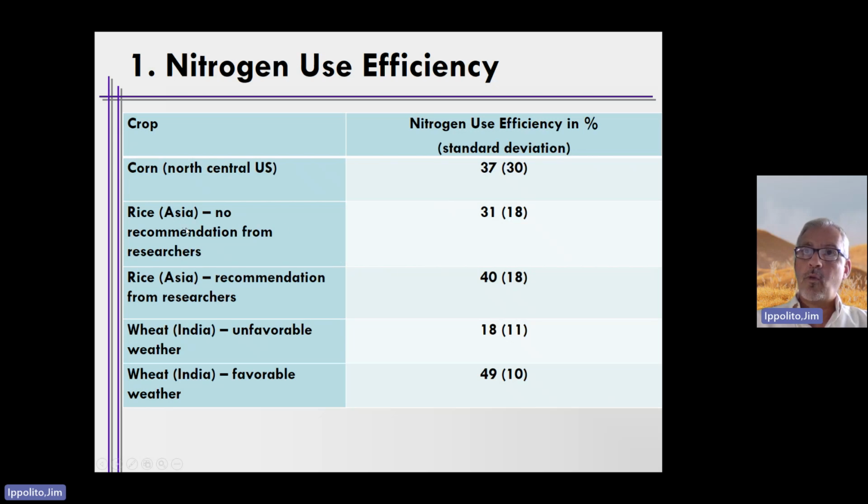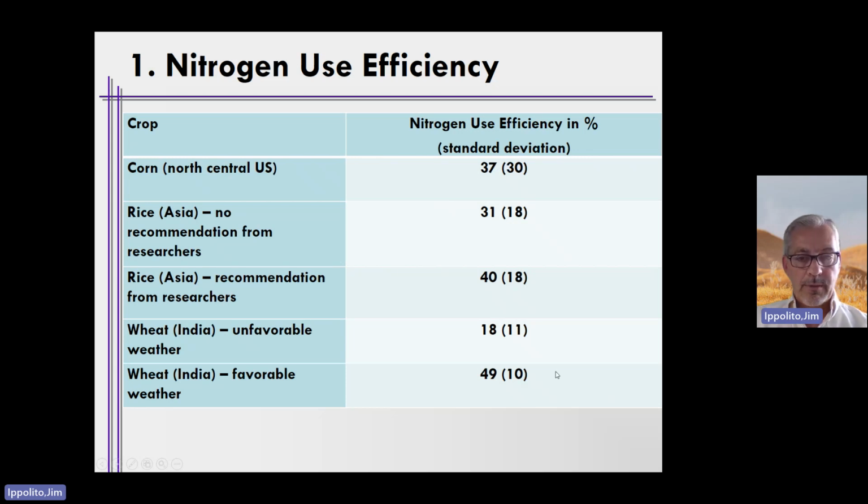Rice in Asia with no recommendation from researchers, i.e. taking a look at a fertilizer recommendation guideline, ranges from 31% plus or minus 18. If, however, recommendations from researchers or fertilizer guidelines are used, you can increase the nitrogen use efficiency. Wheat under unfavorable weather conditions in India is 18 plus or minus 11, and under favorable, 49 plus or minus 10.